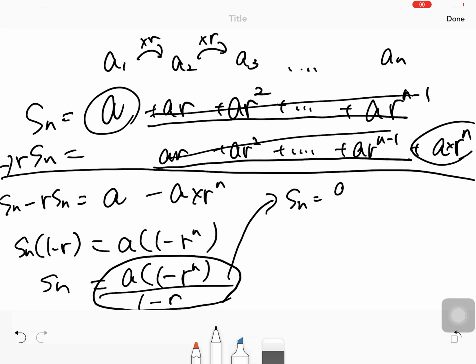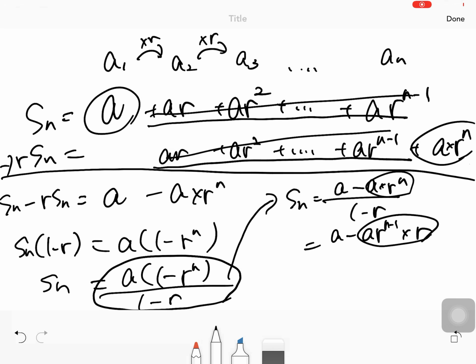Let me expand it: a minus a times r to the power n, over 1 minus r. You can change it to a minus a times r to the power n minus 1, times r. These are the same, you know. Then over 1 minus r.